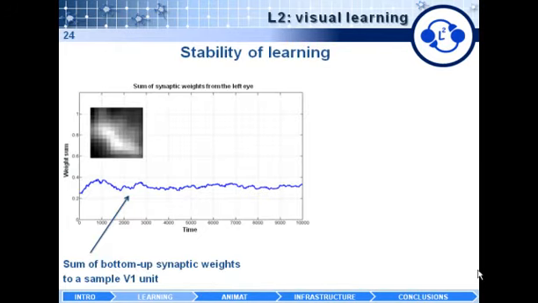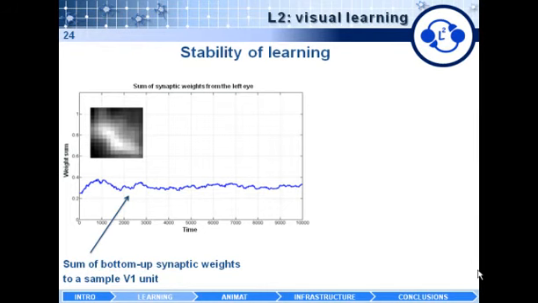One thing that we are interested in testing is the stability of learning. So how do synaptic weights evolve as a function of learning? This plot represents the sum of the synaptic weights of a particular cell, so all the incoming projections. And as you present thousands of different images, you can notice that the weights tend to stay fairly stable.